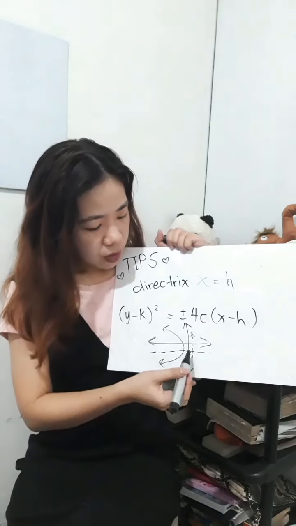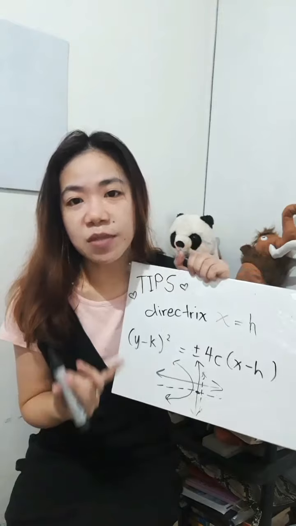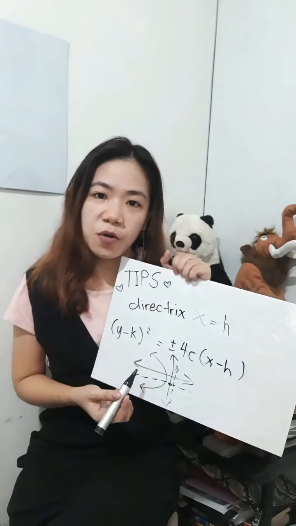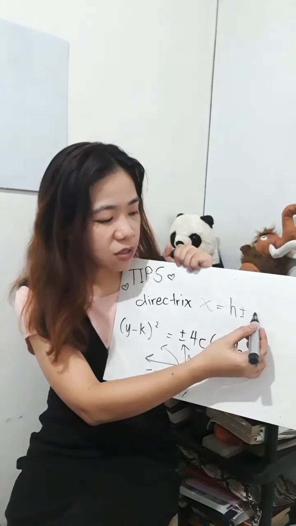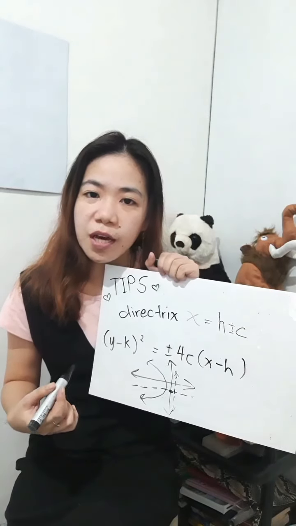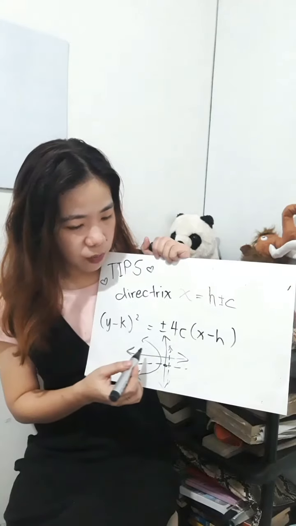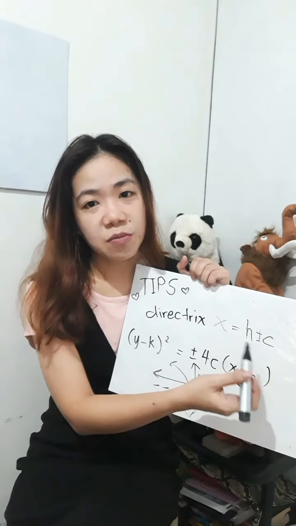Now, remember that the directrix outside the curve has the same distance from the vertex compared with that of the focus or focal point. So we'll add here or subtract c. Add or subtract c depending on the opening either to the left or to the right. In this case, since we open to the left, this will be h plus c.